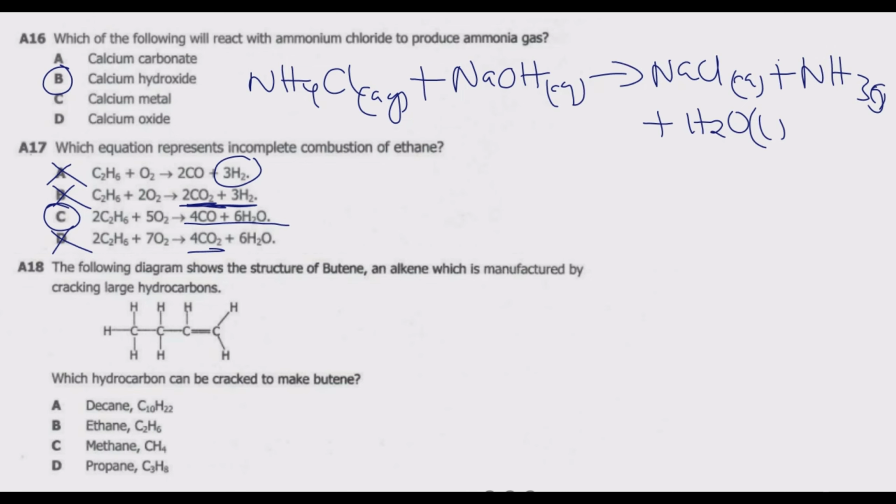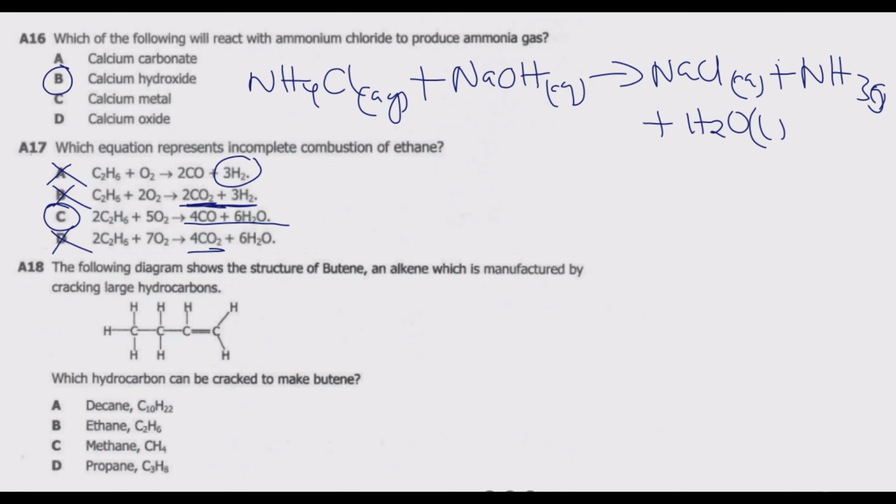So we are breaking these huge or large hydrocarbons. If you look at the options, we have decane, which is an alkane. Then we have ethane, which is an alkane. Methane is an alkane. Propane is an alkane. So all of these are alkanes, and decane is an alkane.